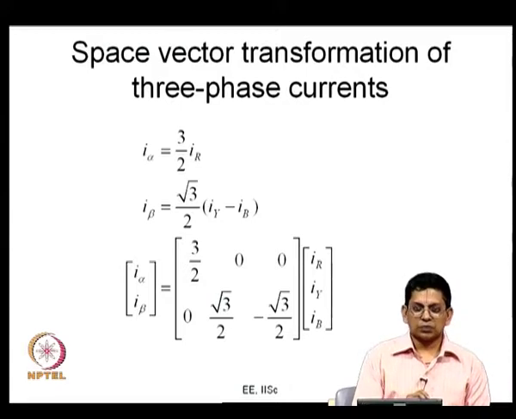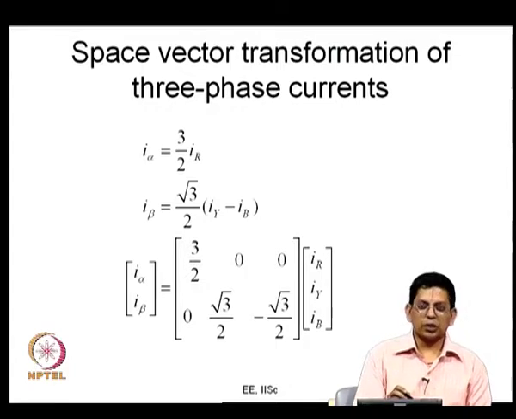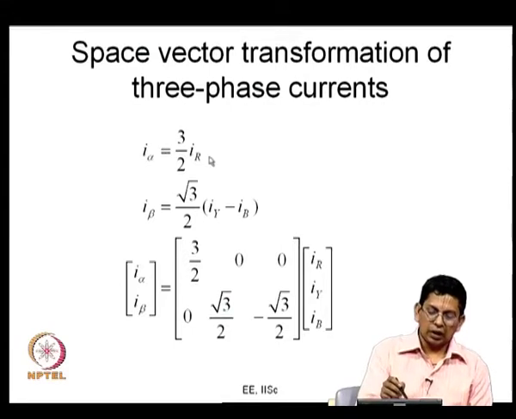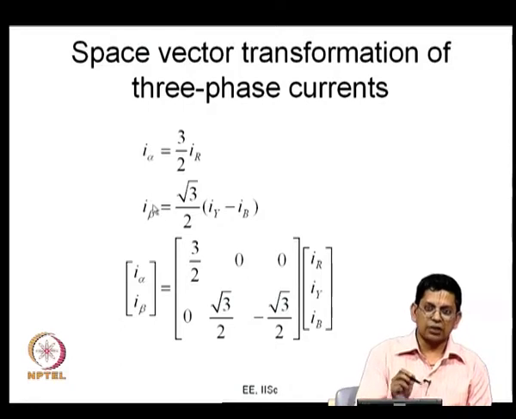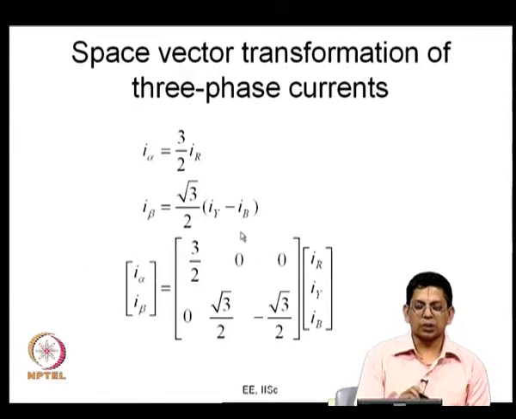IR plus IY plus IB equals 0 is similar to the equation of a plane, x plus y plus z equals 0, and a plane has only 2 dimensions, and it can be spanned by 2 orthogonal vectors. So IR, IY, IB, though a 3 phase quantity, can be represented by 2 independent quantities I alpha and I beta. I alpha is equal to 3 by 2 times IR, and I beta is equal to root 3 by 2 times (IY minus IB).